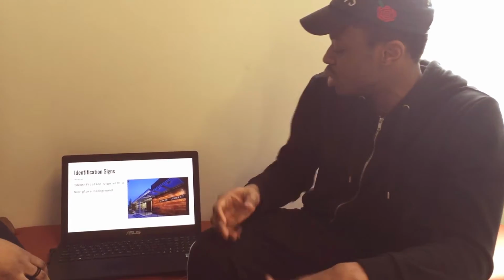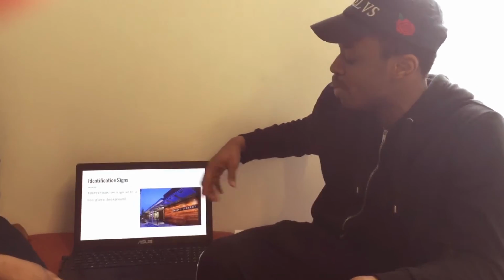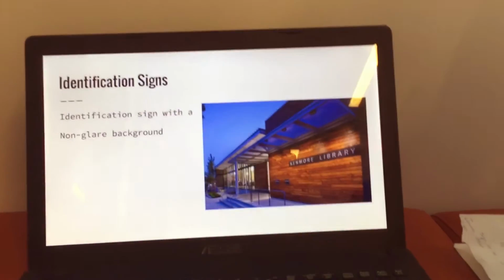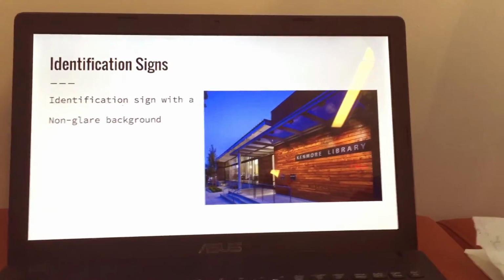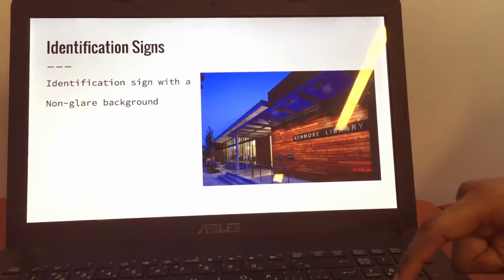Also, we've decided to use identification signs, especially at the library, so when the person gets there, they know they've actually reached their destination. We've decided to use something similar to this, a matte brown background with gray characters, and with the same ADA standards, 1,525 millimeters above the ground, 75 millimeters in character.